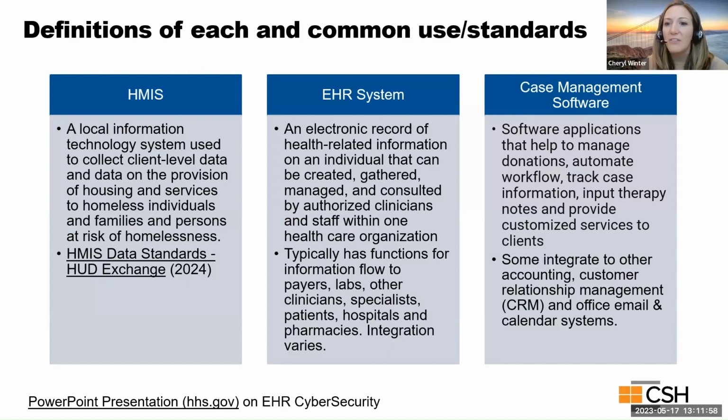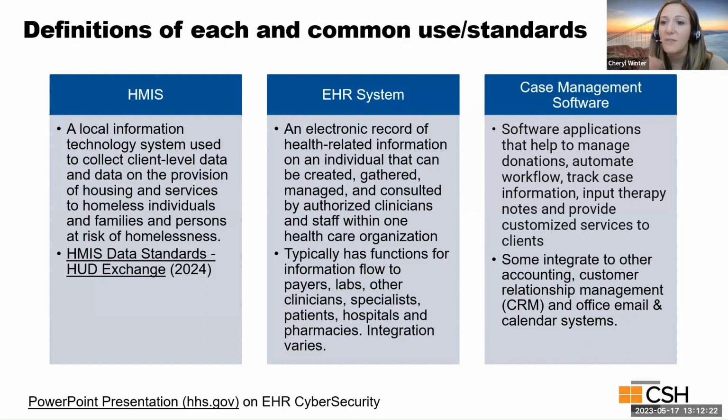An electronic health record system, simply put, is a record of any health-related information that can be created, gathered, managed. It can be something that is within only one agency. That's a software that's purchased, which could be something that's downloaded and managed at the agency level. It could also be something that's cloud-based.